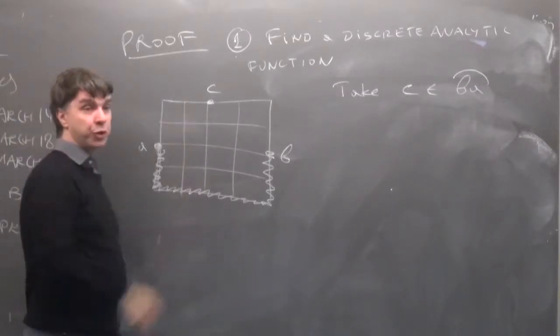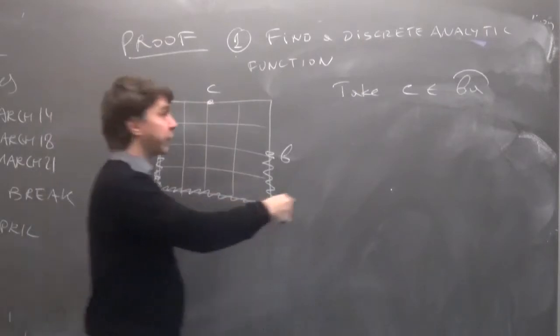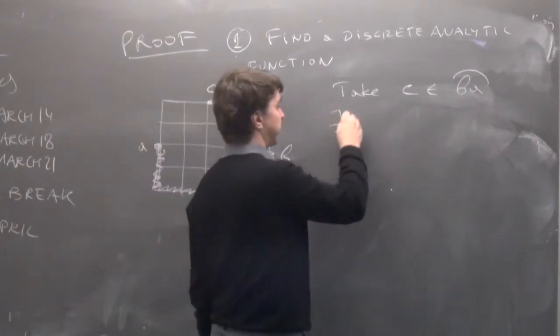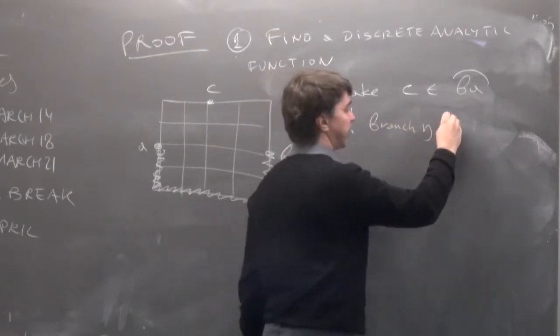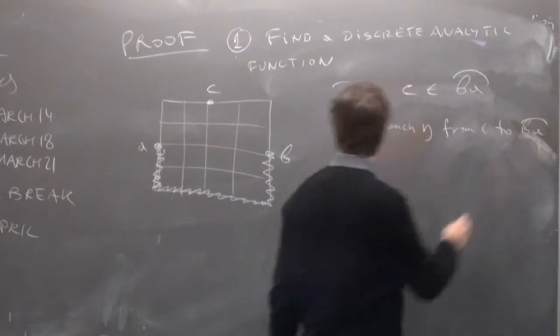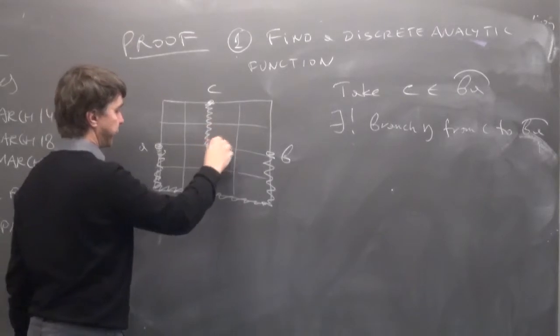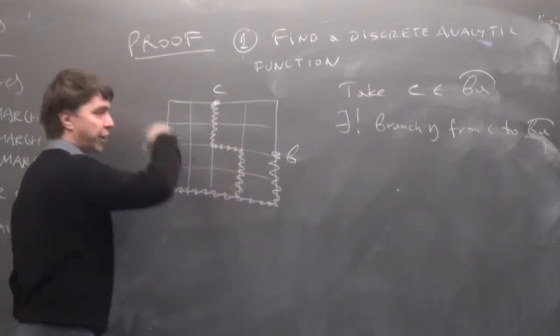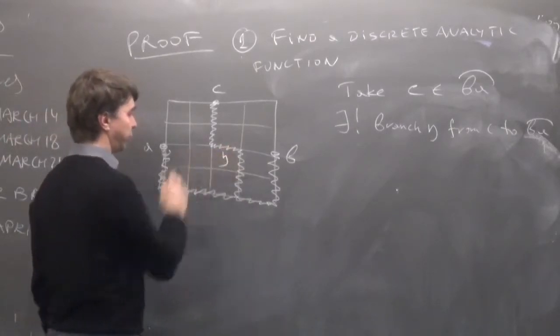So C belongs to the uniform spanning tree. There is a unique branch from C which goes to BA, let's say eta. So the picture goes something like that. There are other branches in the tree, but there is this unique branch, which I denote by eta.